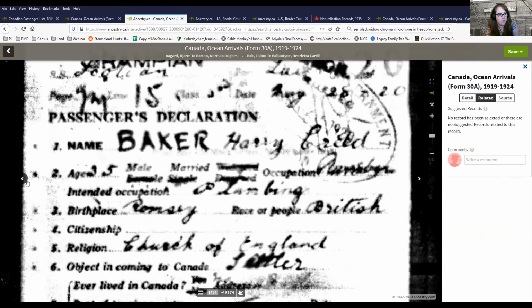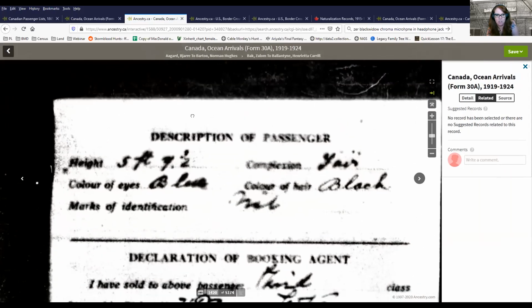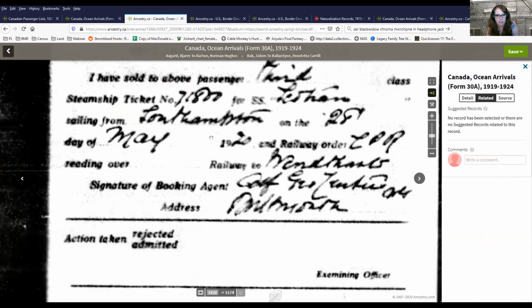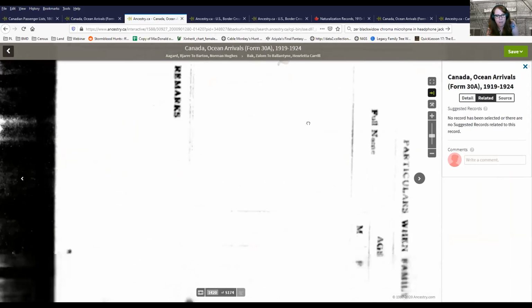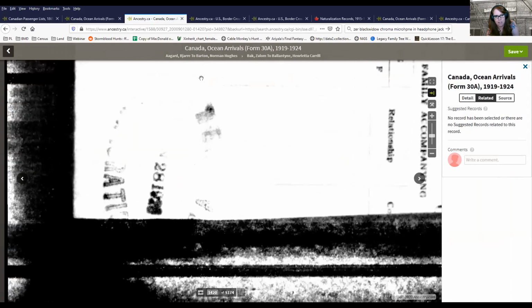We also want to look at the back of this document. You can do that with the left click arrow here on the screen. We can see the back, which gives a physical description, and this is usually where we see the immigration stamp. Also, you see a partial stamp here. It's a received by immigration stamp. This is not the arrival date.